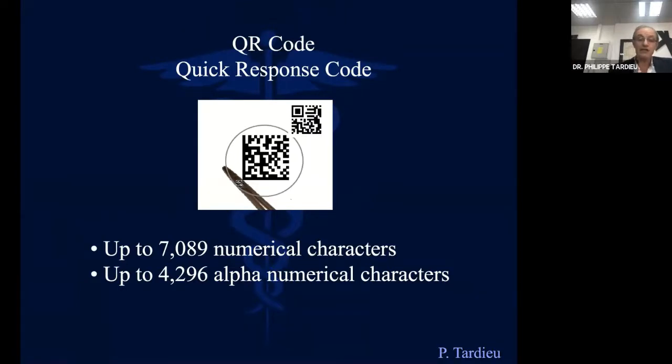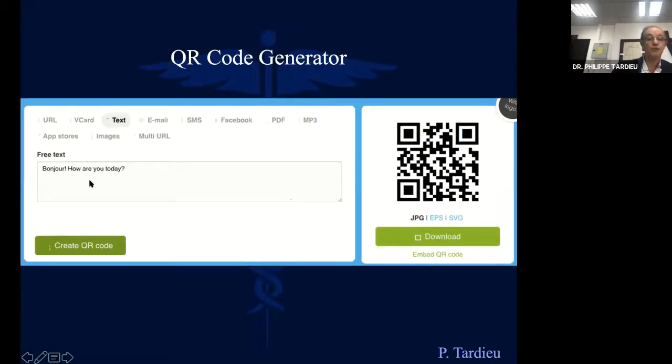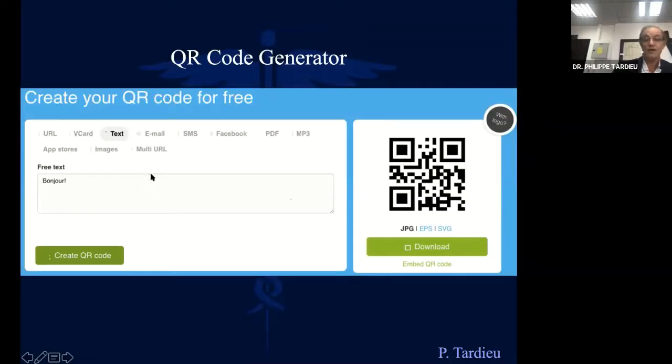And we have selected the QR code to implement and to save information that you have to deal with in your practice in a dental lab. I'm going to show you how it's working. We have included in your program a QR code generator. If I write here, bonjour, the QR code will be what you see on the right side.